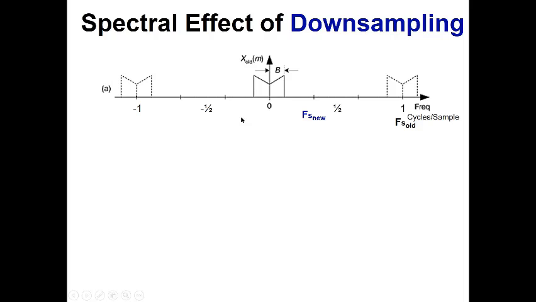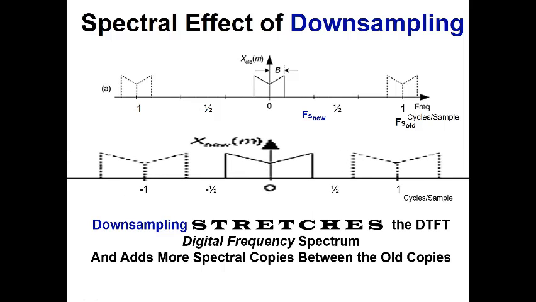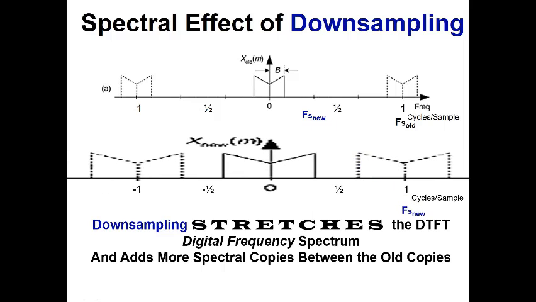Now, when I downsample to a lower sampling rate, that lower sampling rate that was previously somewhere in here now becomes frequency 1. And so in the range of digital frequencies, it looks like I've taken my spectra and stretched them towards the Nyquist frequency. Like we've taken both of these and tried to squeeze them in towards the middle. Same thing here.